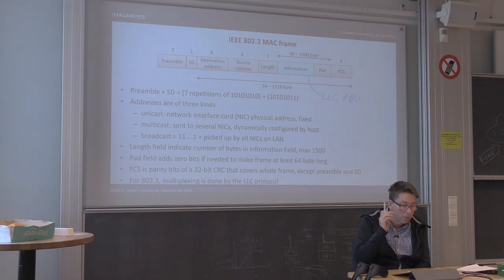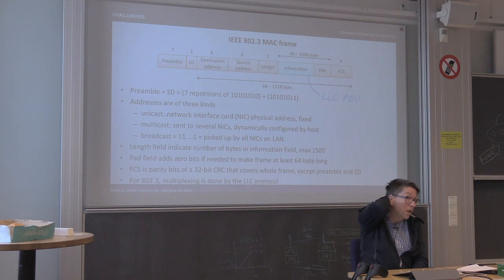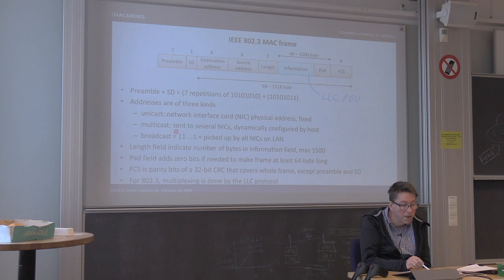You get that when you're born, and you have that for your entire life, and nobody else has it. It could also be multicast, which means that it's addressed to several network interface cards. And this is something which is somehow configured, but we form these multicast groups and so forth. We won't talk much about this.